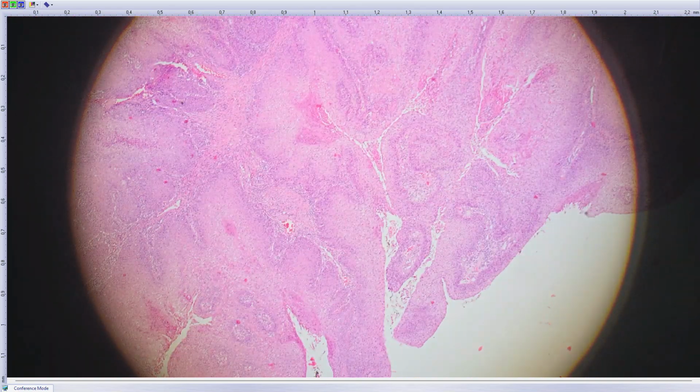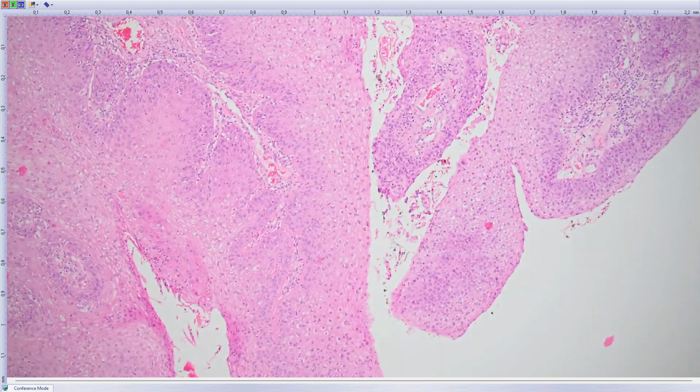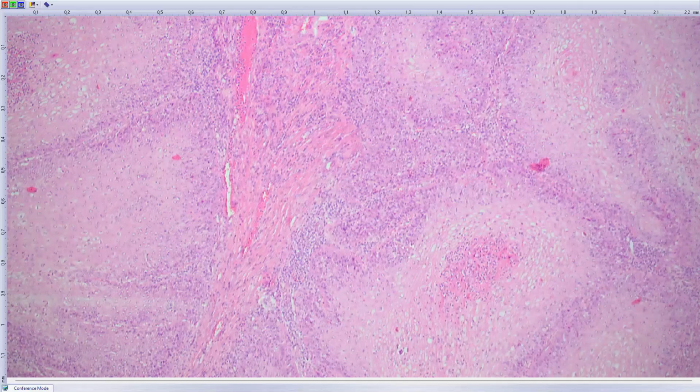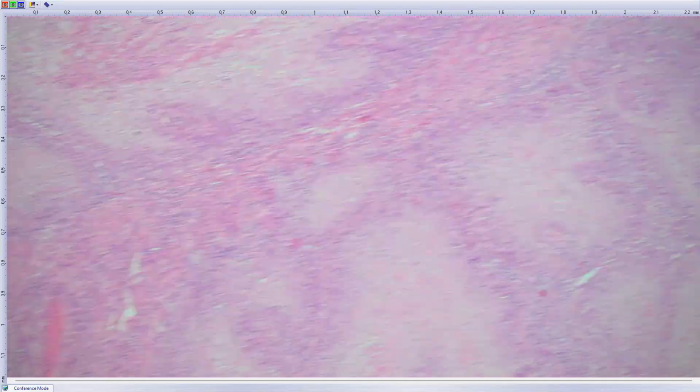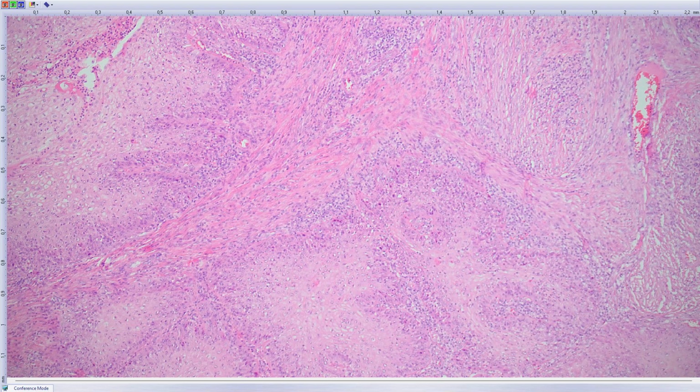But do not go to a diagnosis of papilloma or something like that, because it's not papilloma, of course. Because you see that the bottom of the lesion is pushing into the stroma, and the diagnosis is, of course, verrucous carcinoma.